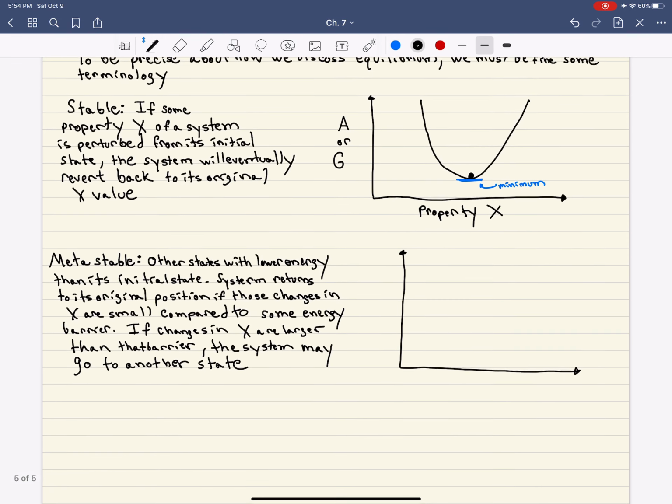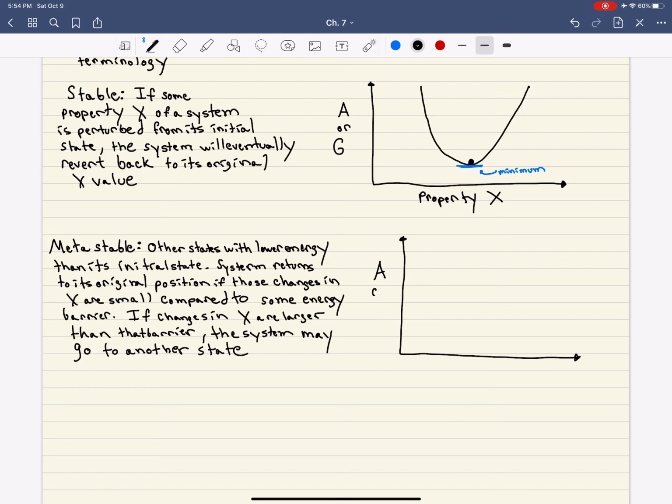Okay? So the y-axis is still A or G, and the x-axis is still property X. And so if we have a metastable system, we wouldn't expect a curve like this, but rather we would expect a curve like this. Okay? And let's say that the initial state of our system is here. Right?